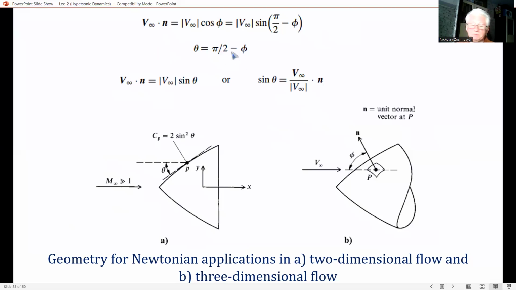This is the angle between a tangent to the surface and the free stream, the deflection angle.